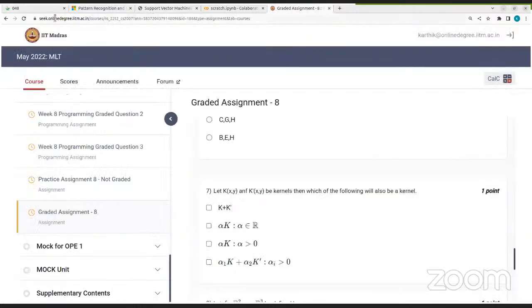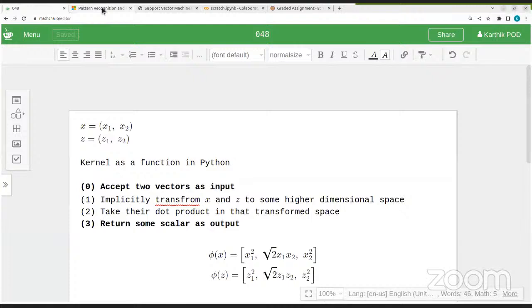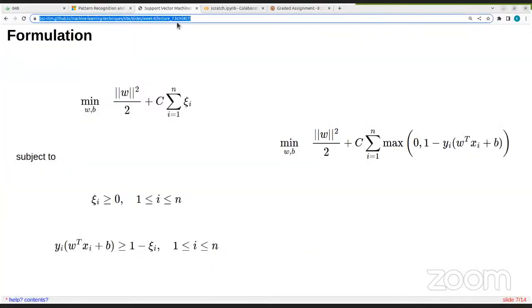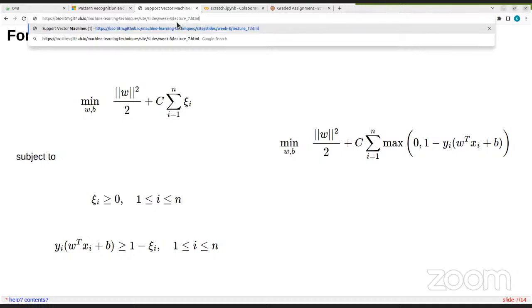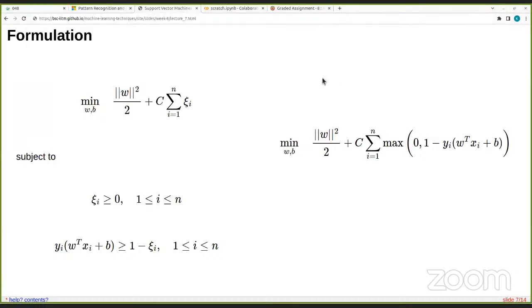And is it possible to share today's slides? Yeah, so slides are here. So you have to just go to this particular slide, this particular web page. I'm getting a 404 error for the link that you put in the chat. So did you access that exact link? Can you paste it again? I didn't get that. Yes, sir, it opens now.